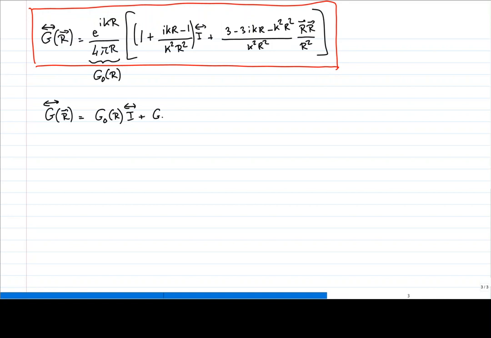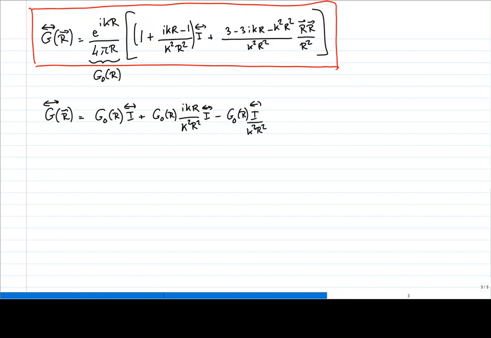Then we have G0(r) times ikr over k²r² times the unit tensor, plus G0(r) times the -1. We have this -1 from the first parenthesis term, so that will show up as negative here, over k²r².